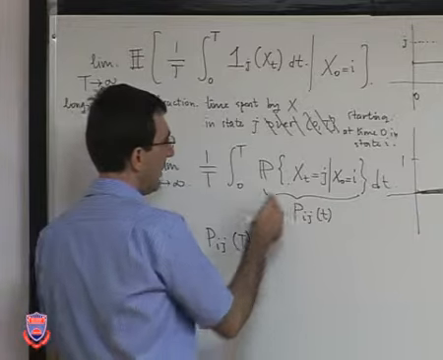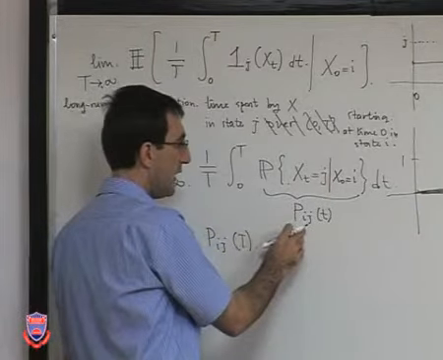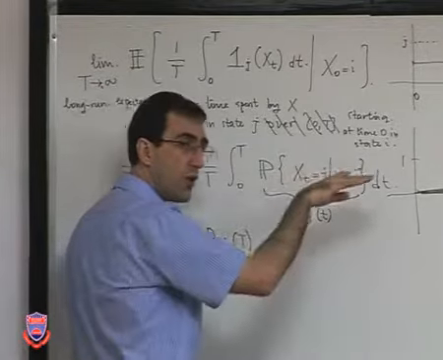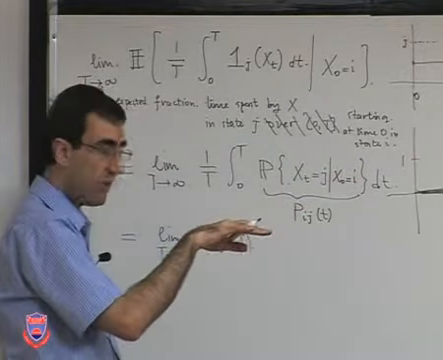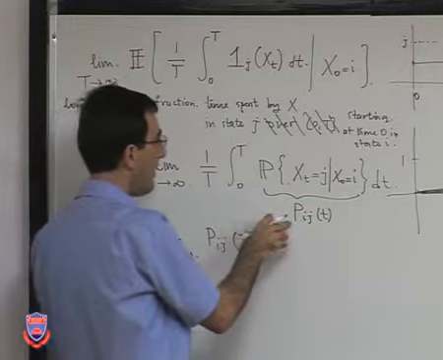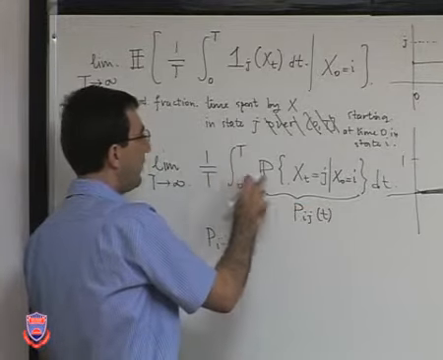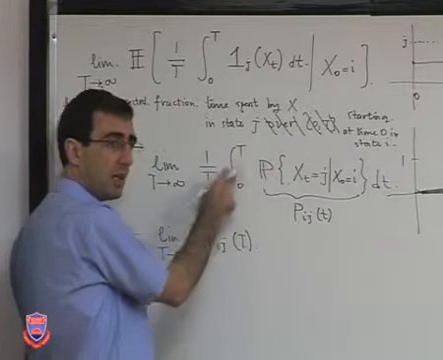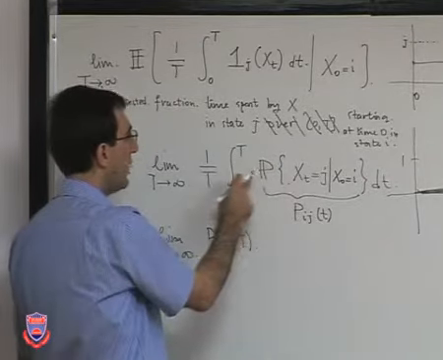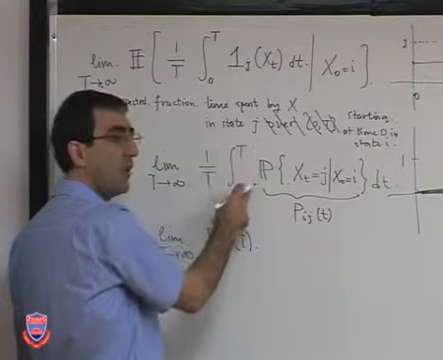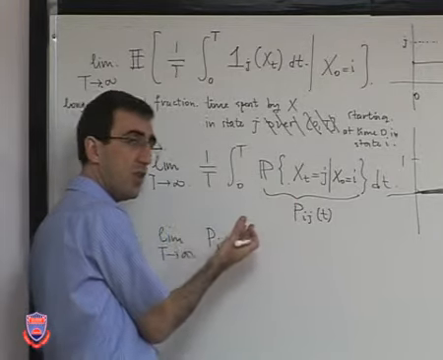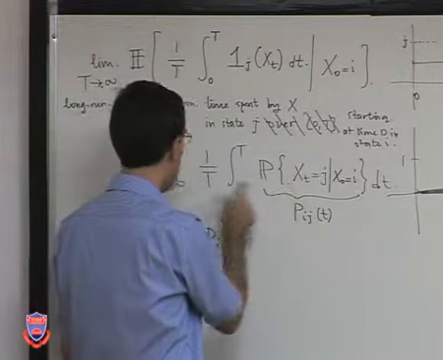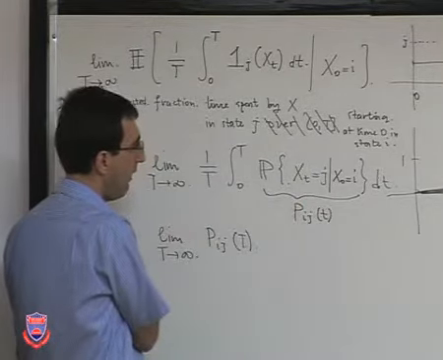Because if the limit of these quantities exists, it is going to converge and stabilize around a constant number, in this case pi_j, as if you are integrating a constant over this interval and then dividing by T. The integral of the constant is that constant times T, you divide by T, so you get the constant itself.